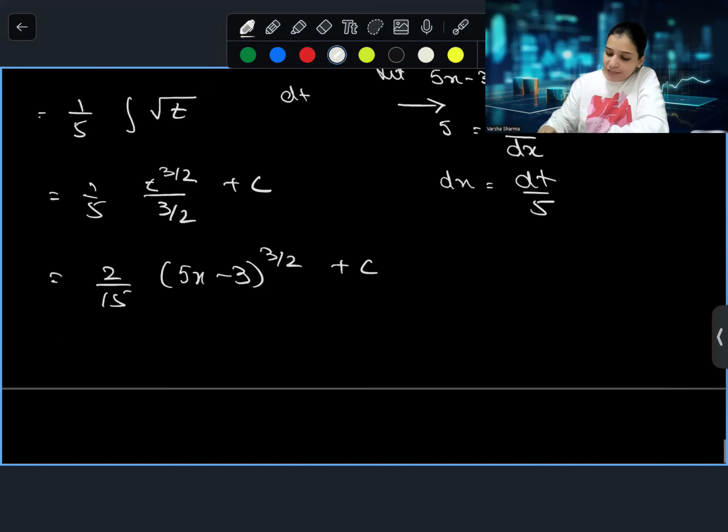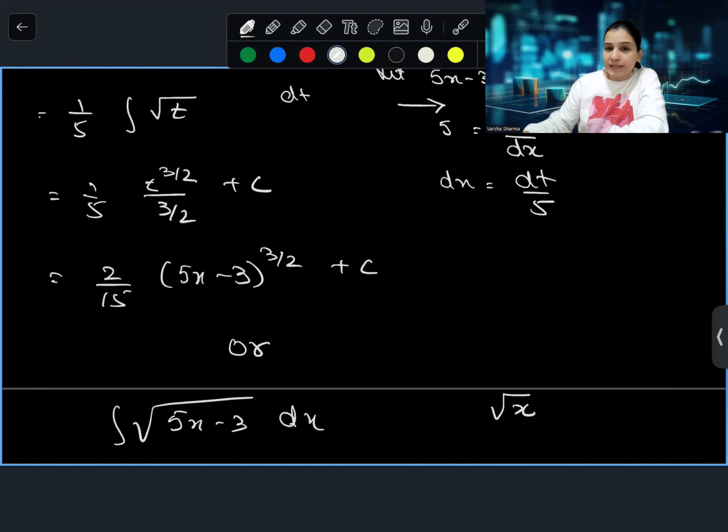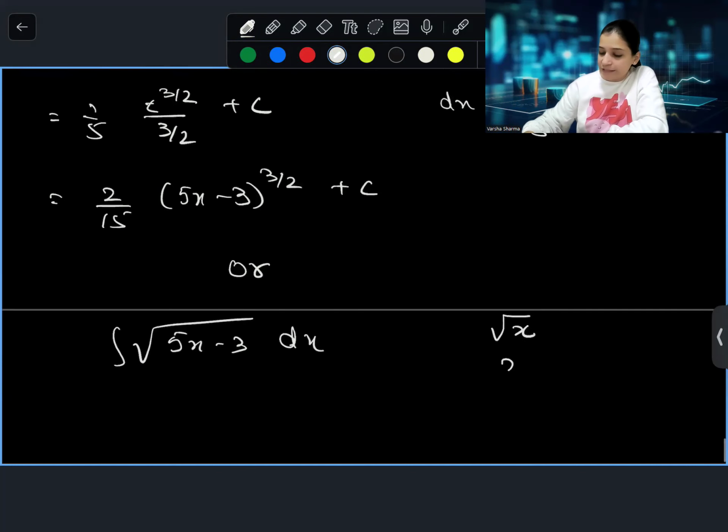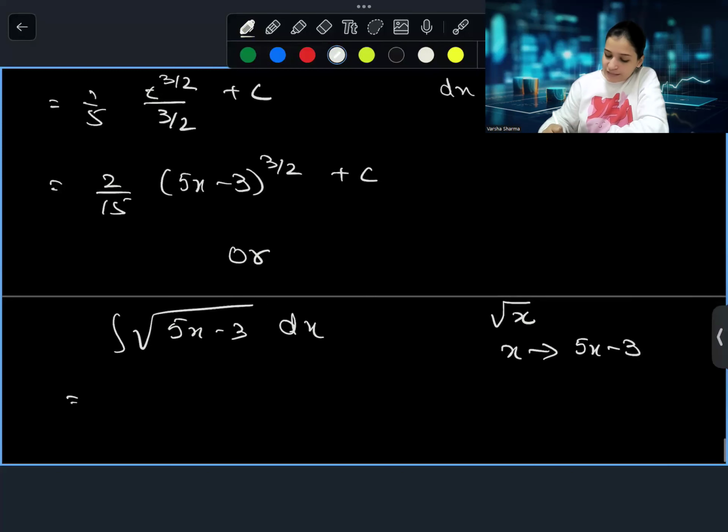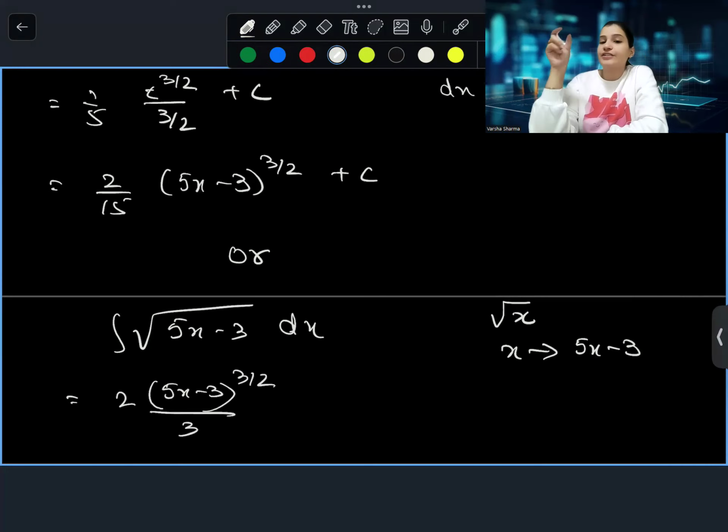If we would have directly applied chain rule here, what would we have done? We would have treated this as root x. The term that is written instead of x is 5x minus 3. So root x gives x power 3 by 2 by 3 by 2. The derivative of that term is 5 and that will be written in the denominator.